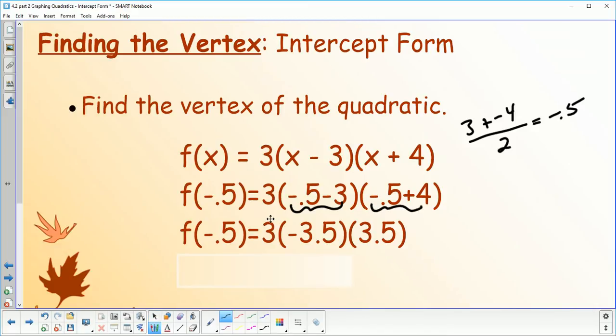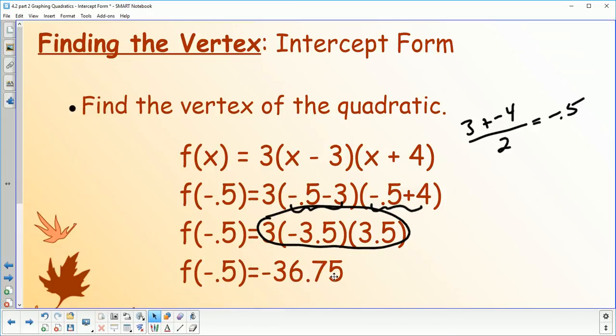And if I multiply these three numbers out, I get negative 36.75. So the vertex then would be (negative 0.5, negative 36.75).